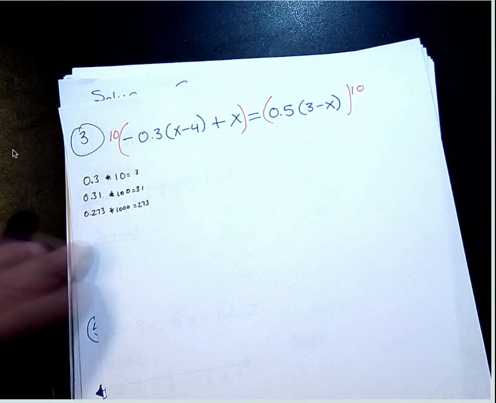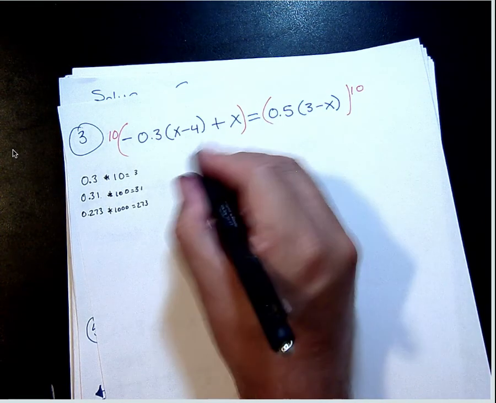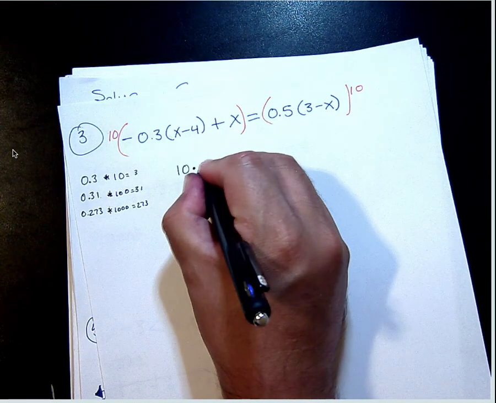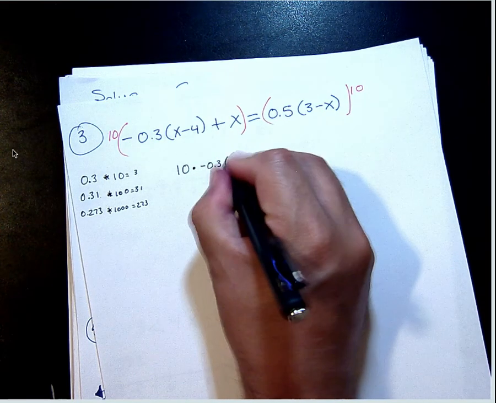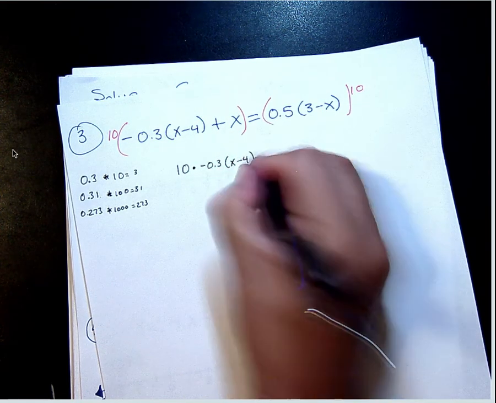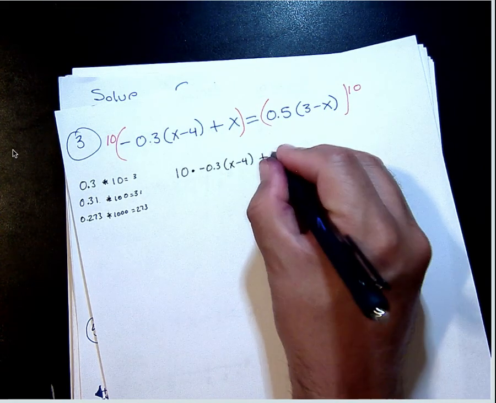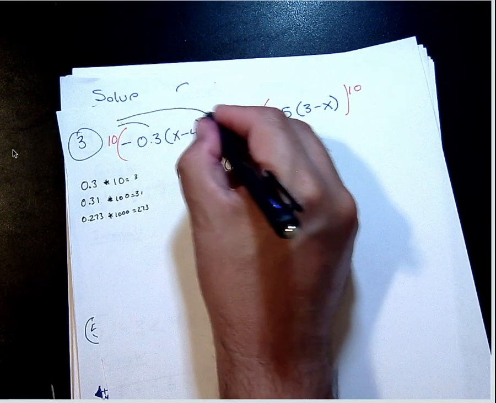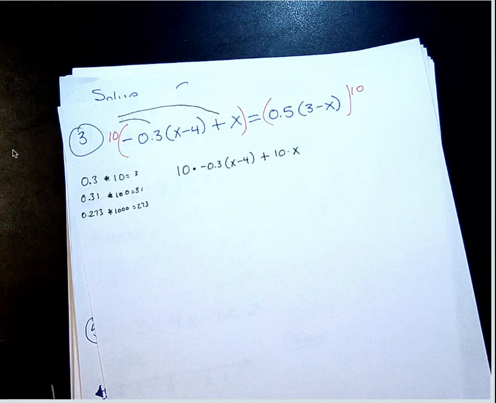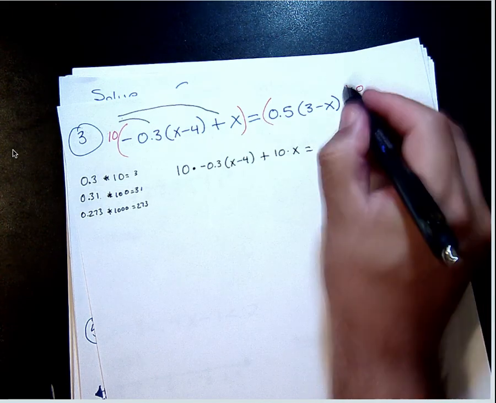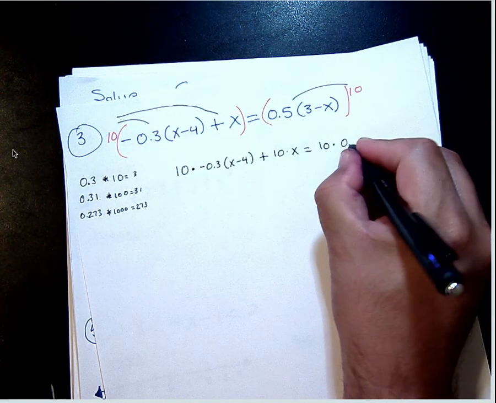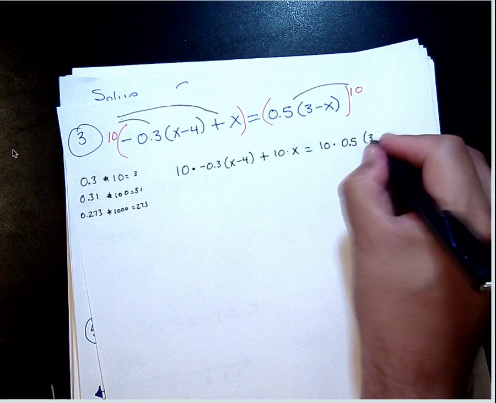So what happens? I'm going to write 10 times negative 0.3, x minus 4, plus 10 times x, because you distribute to that and to that, equals, and then you distribute to this. 10 times 0.05, 3 minus x.